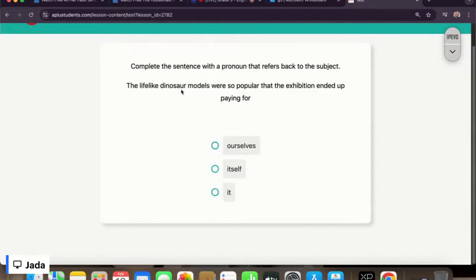Then, the lifelike dinosaur models were so popular that the exhibition ended up paying for, ourselves, itself, or it.